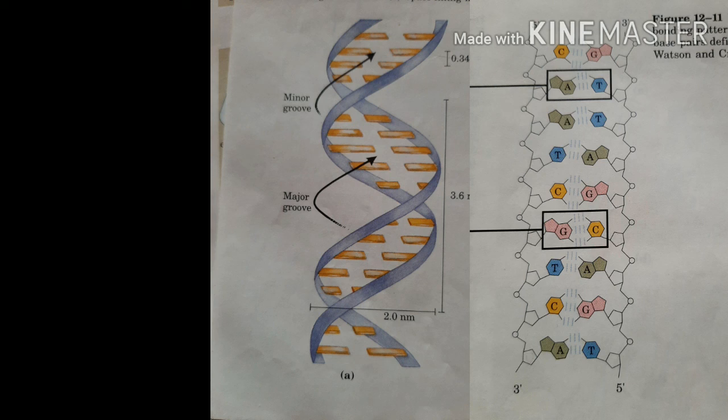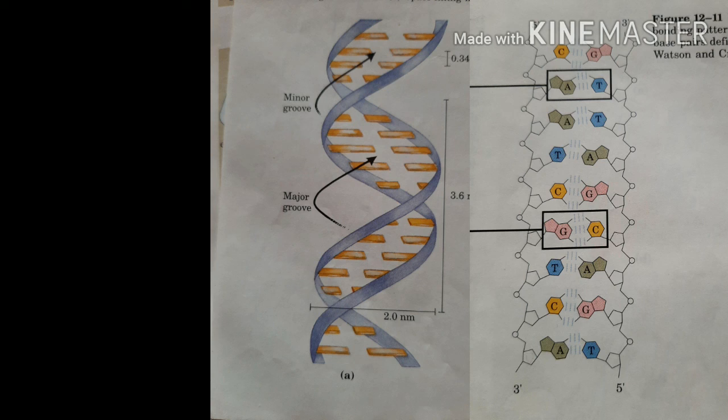AT bond is a double hydrogen bond. What is a hydrogen bond? I will try to give you a small video to make you understand how hydrogen bonds are formed. However, some still pictures will also be presented to you for your better understanding.